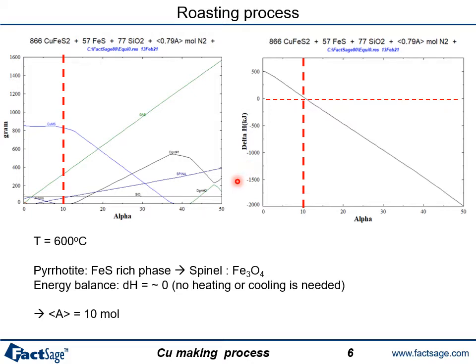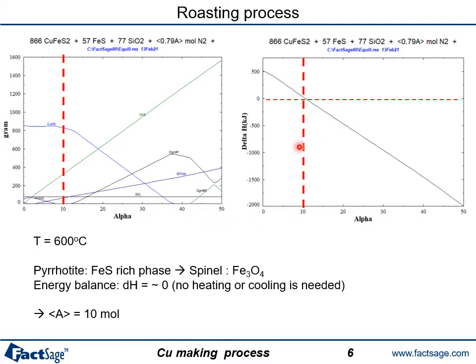Typically when the delta H is positive, it means it is an endothermic reaction, so you have to inject a certain amount of energy to maintain your final temperature.